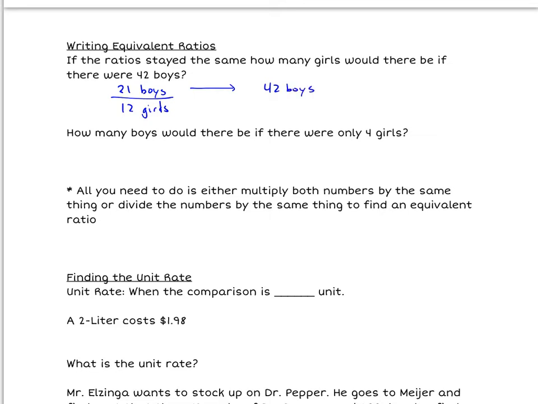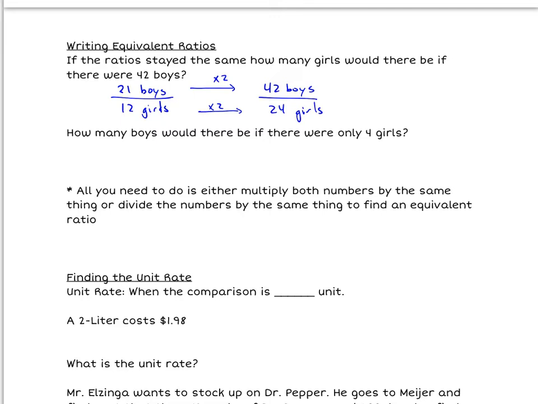Well, to go from 21 to 42, we did times 2. So we would do the same thing to the girls, times 2, gives me 24 girls. So in this case, we would have 42 boys to 24 girls.